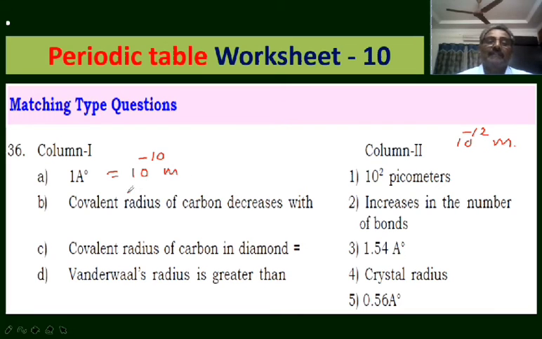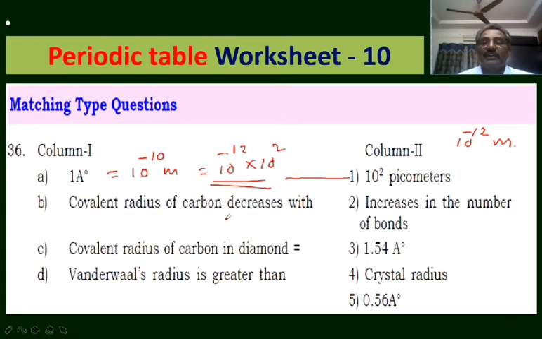So we can write 1 angstrom unit is equal to 10 to the power of minus 12 into 10 square, that is 10 square picometers. So A is to be matched with 1.